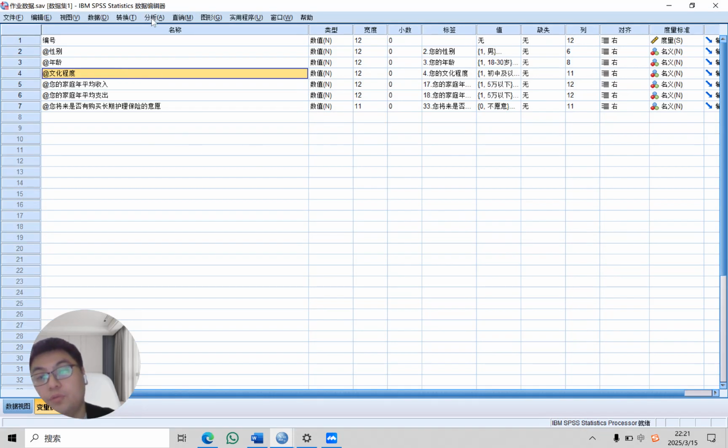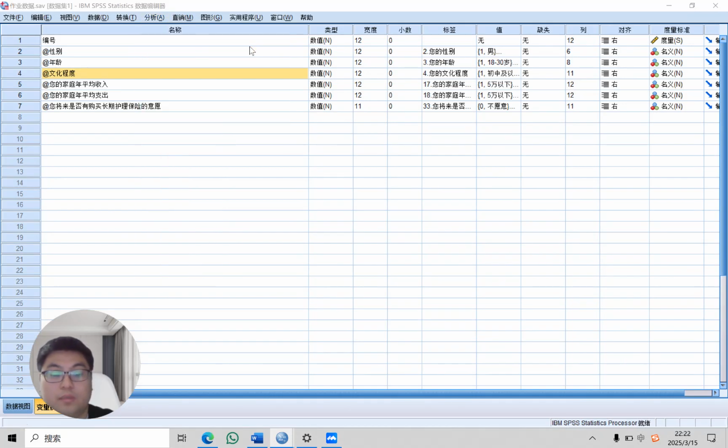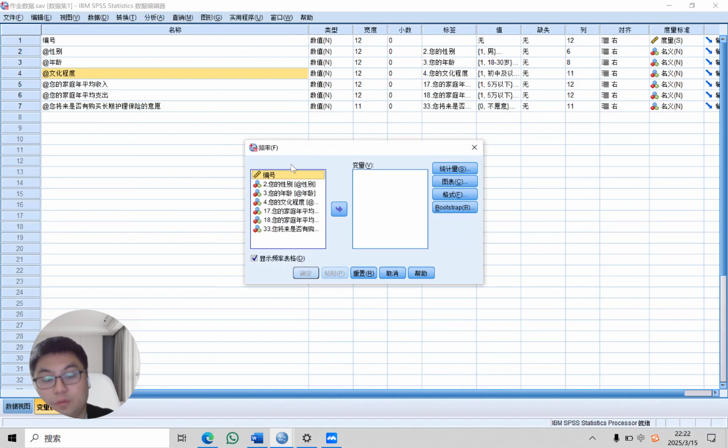First, we will choose analysis, then select descriptive statistics, and then choose frequencies. Next, we will see a dialog box. Select the variables we want to analyze on the left side.